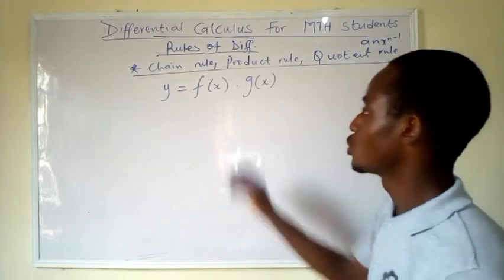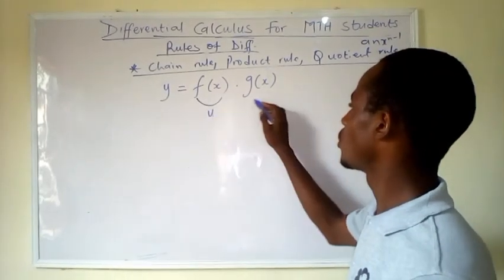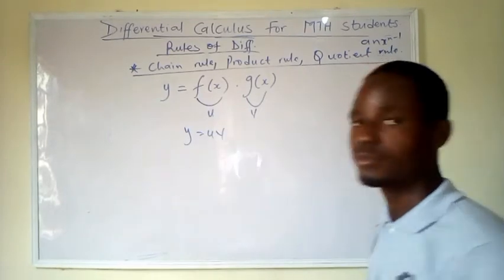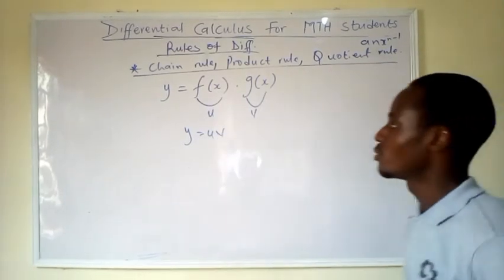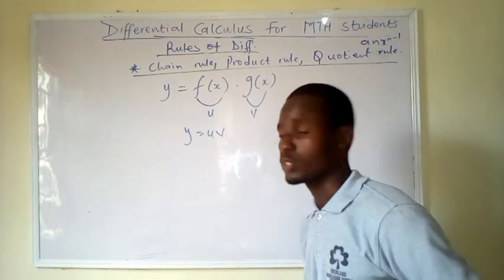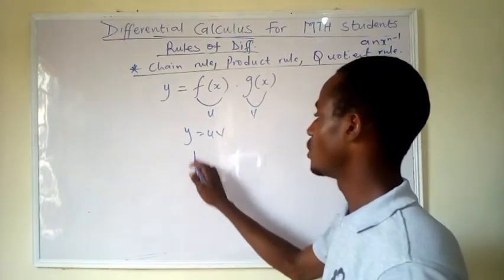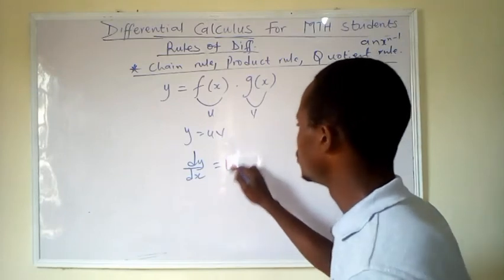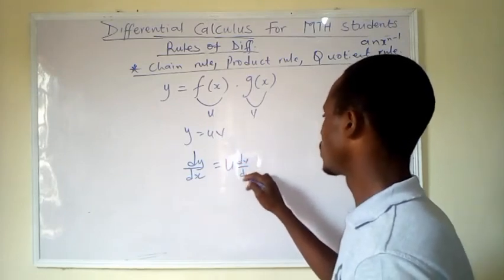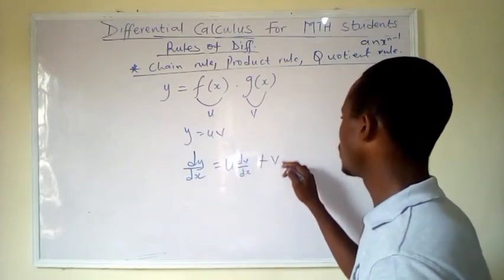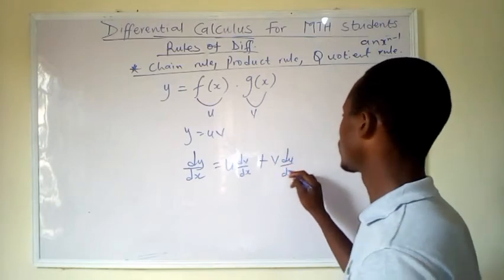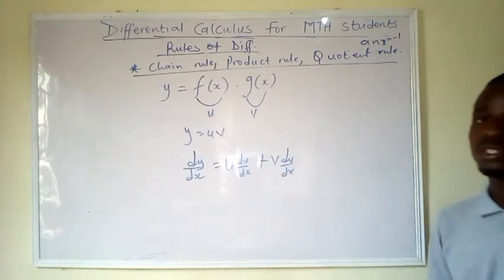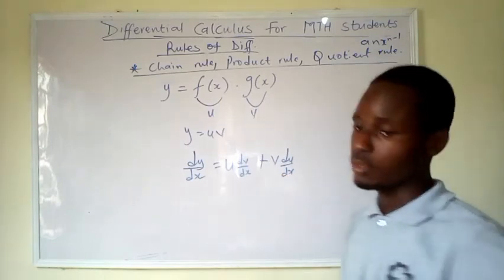So if we call these u and v, y is equal to uv. To find the derivative of y with respect to x in this context, the rule says dy/dx is u dv/dx plus v du/dx. U multiplied by dv/dx, plus v multiplied by du/dx. So let's look at a question on that.